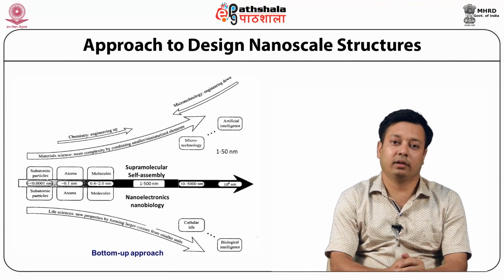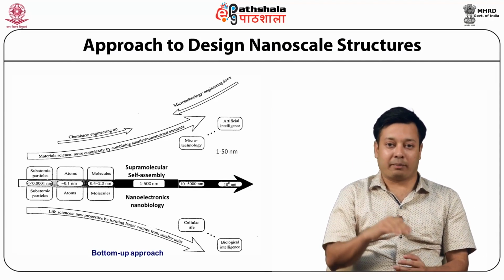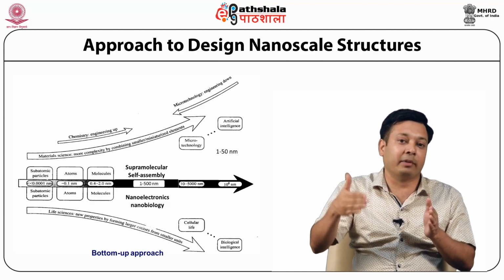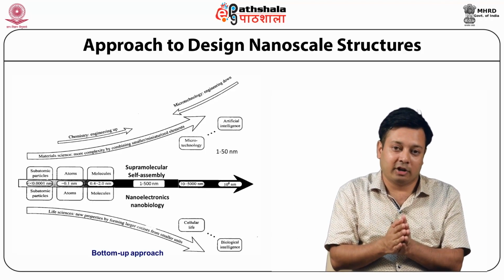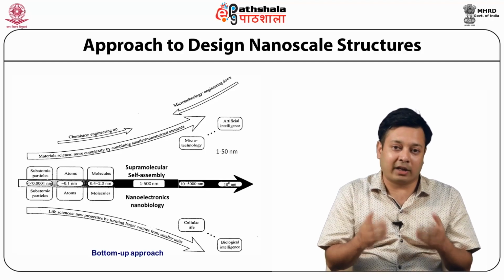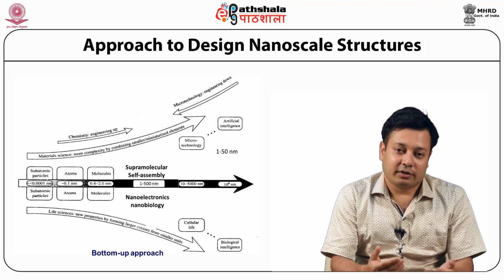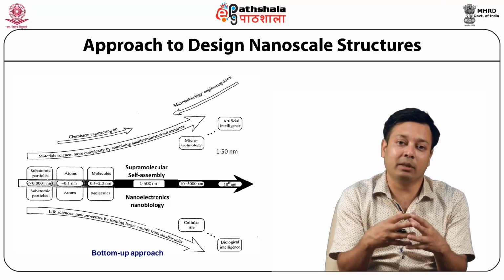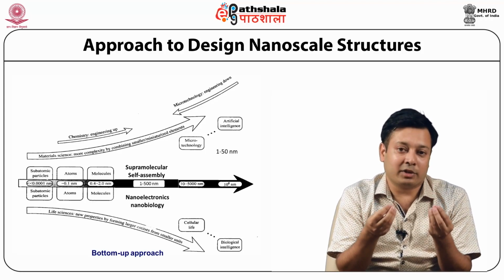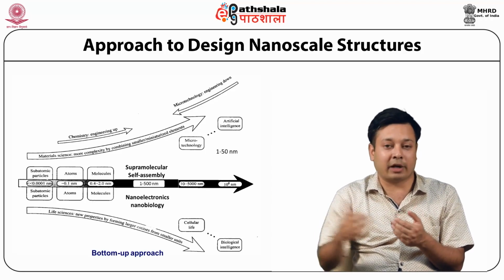So how can you design nanostructures? Well, there are two approaches. One is the top-down approach. So basically you have a macroscopic object and you are engineering down the material to the nano scale. The other approach is the bottom-up approach, and that is where I, being a chemist, would be interested. So what we do is that we assemble molecules which are in sub-nanometer dimension to larger objects in nanometer dimension, in different regimes of nanometer dimension.